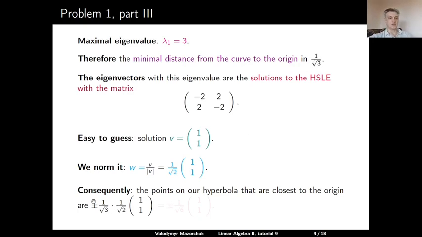So these are the points plus minus 1 divided by the square root of 3 times 1 divided by the square root of 2 times our vector (1, 1). So we get the points plus minus 1 divided by the square root of 6 times the vector (1, 1). And this completes the solution to problem 1.